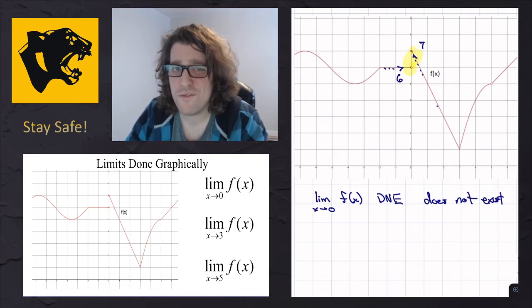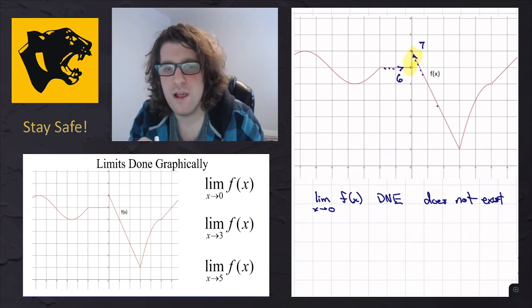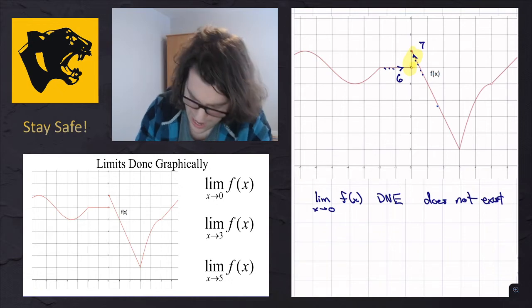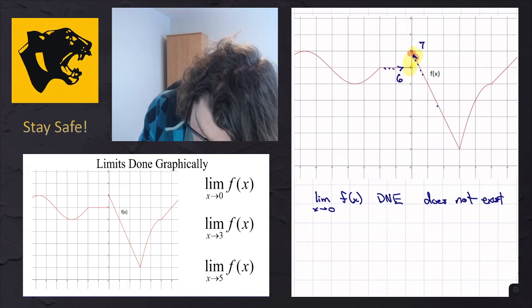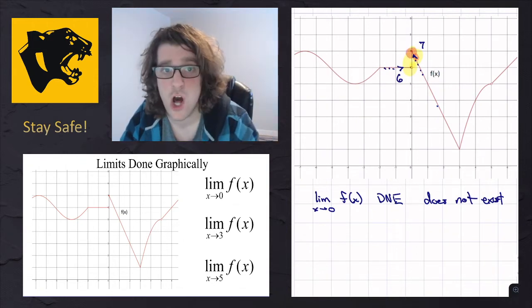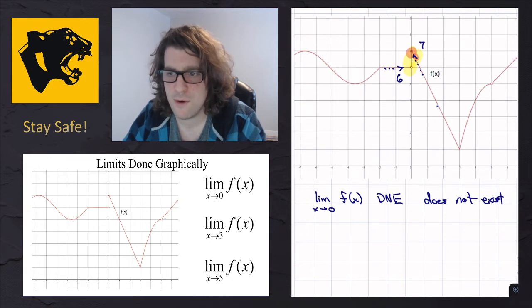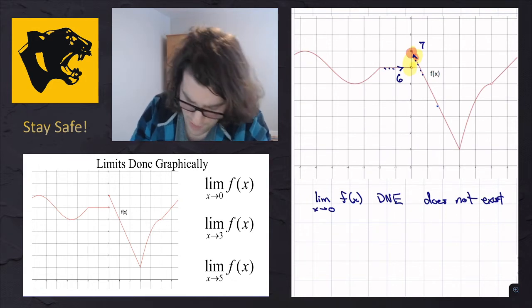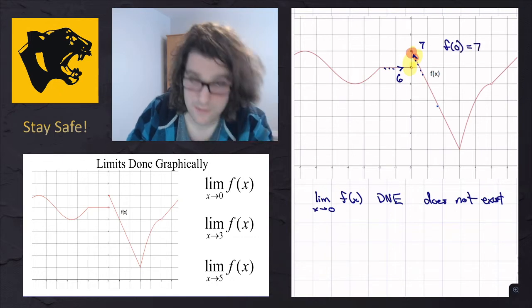Now, you might have a good question, which is, why, if coming in from the right, you actually have a defined value there? So this spot right here, that's a colored in circle, the only reason for that to be that way is because the function itself, f of 0, is actually 7.